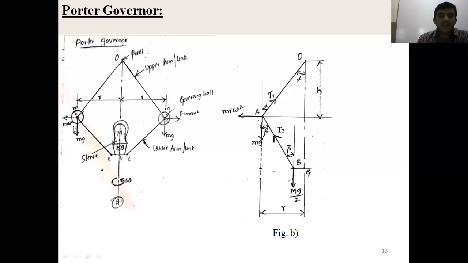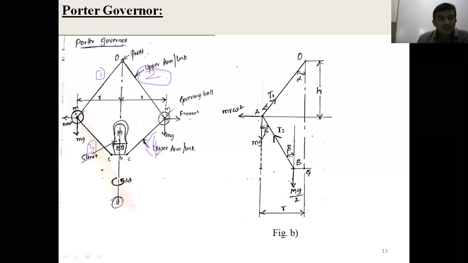Next you go for construction. How is the Porter Governor constructed here? The Porter Governor consists of 4 binary links. See the 4 binary links. This is called link number 1 and this is link number 2. Links 1 and 2 are called upper arms, and this is link 3 and this is link 4.